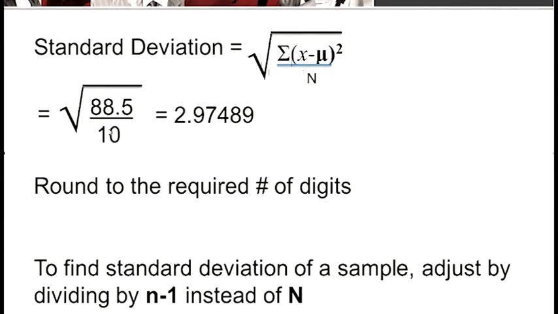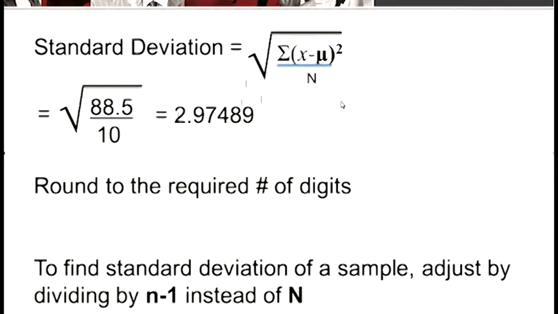In our case, 88.5 divided by 10 was 8.85. I didn't do the intermediate. So now I have the square root of 8.85, which is 2.97489. And then you would round to the required number of digits.